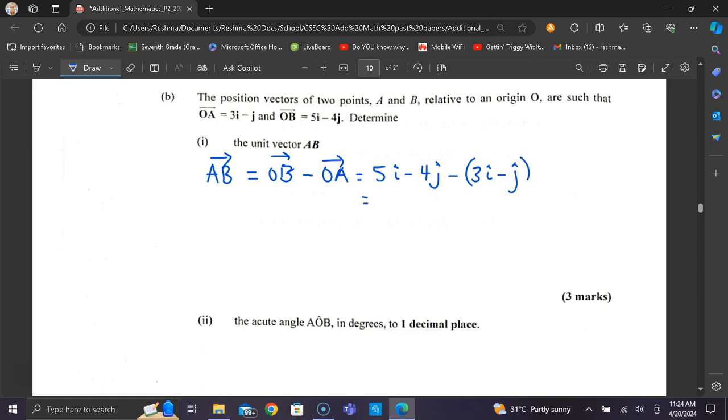So you just need to be careful with our signs when we're subtracting. So 5i minus 4j, and this will be minus 3i, and then 2 minuses gives a plus, so we get plus j. So 5i minus 3i is 2i, and minus 4j plus j is minus 3j.